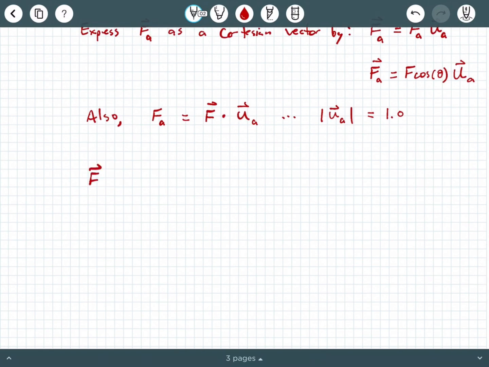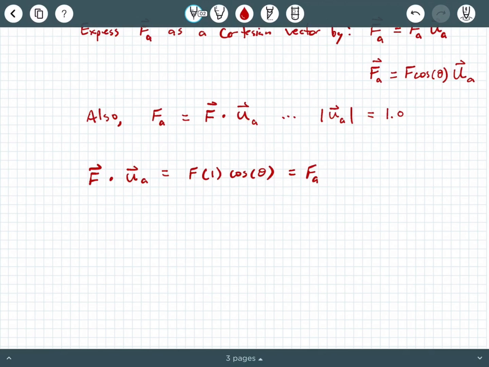We can say that vector F dotted with the unit vector defining axis A, little a right there, is equal to F times 1 times cosine theta, and that ends up also equaling the magnitude little FA.